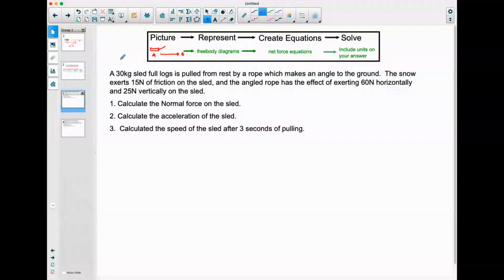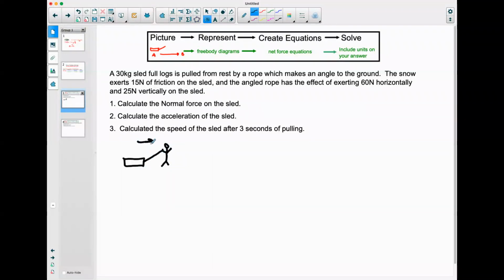So first thing I want to do is to actually try to picture this situation. So I'm going to make myself a sled here. And then it's being pulled with some kind of rope like this. Maybe there's a person over here pulling it. Something like this.